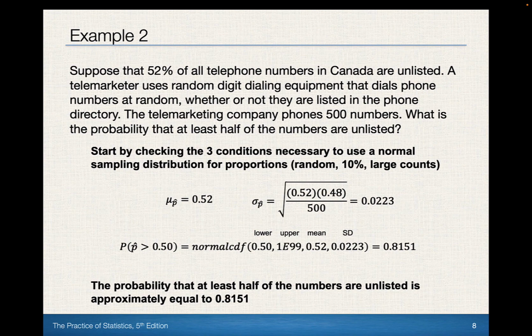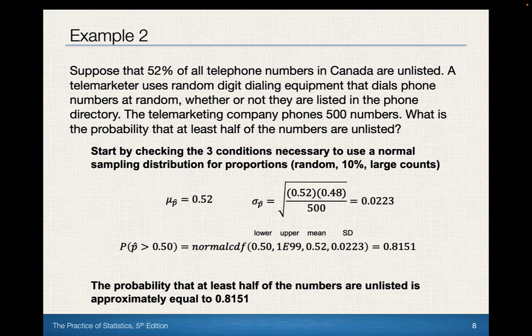So notice that P(p hat > 0.5) is just an upper tail calculation at this point, using the values that we've calculated, and we get 0.8151, which is around 82%, but I like to give you different tastes of the way to interpret it. So in this case, I would say the probability that at least half the numbers are unlisted is approximately equal to 0.8151.